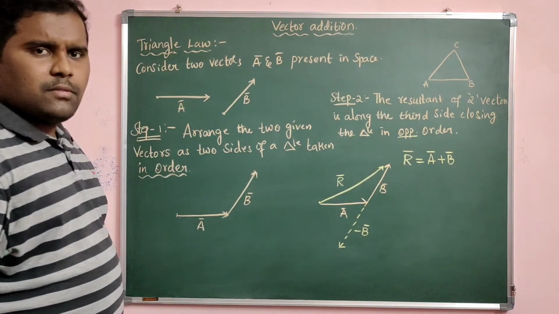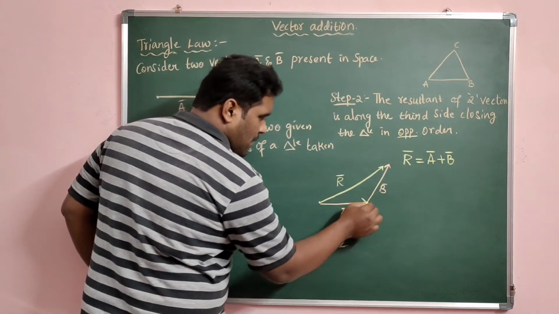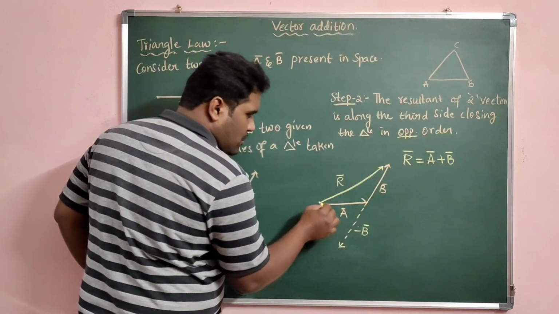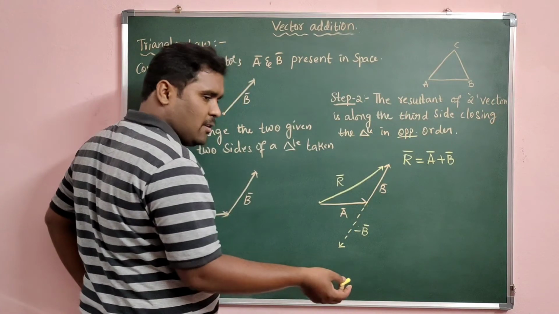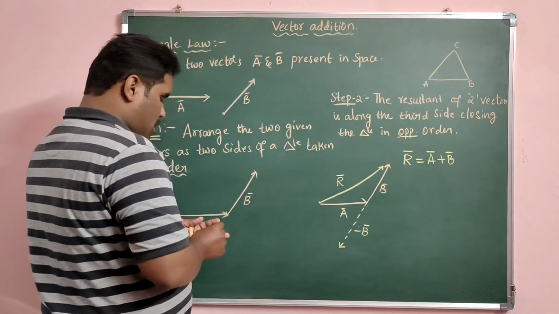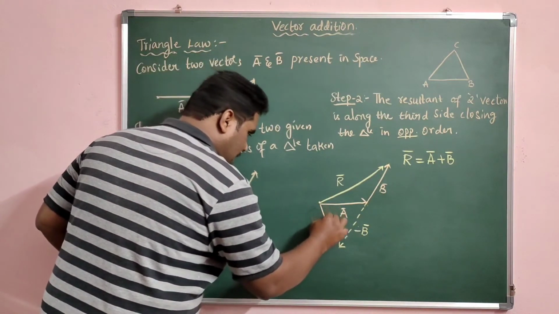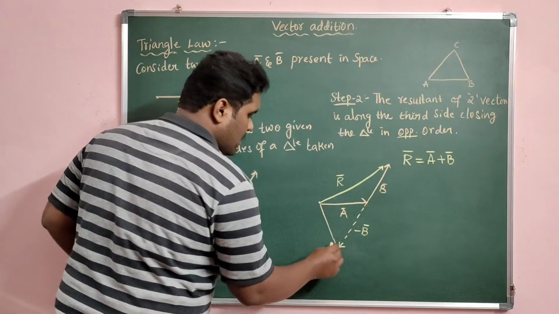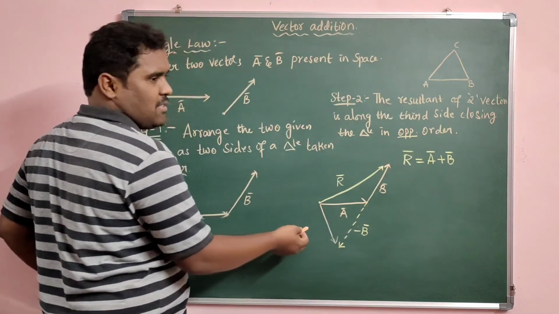Now you see here again, this is A bar, this is minus B bar. The two vectors are forming two sides of a triangle again. So the third side, closing the triangle, taken in opposite order like this. And this is also again a resultant only.